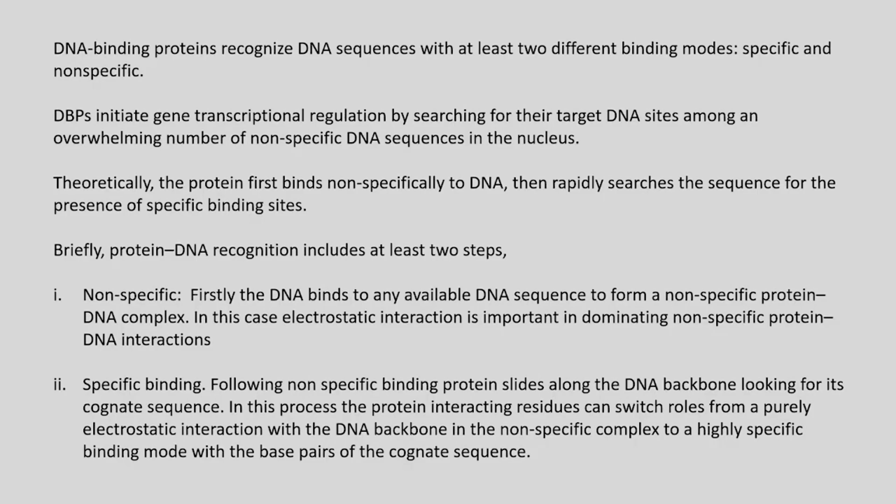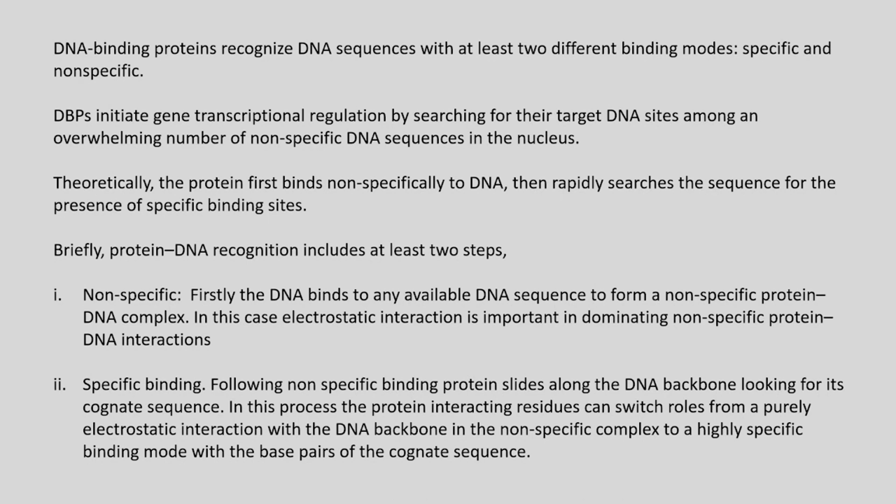Let us now discuss how the proteins recognize DNA sequences and bind to them. The DNA binding proteins recognize DNA sequence with at least 2 different binding modes, specific and non-specific modes. DNA binding proteins initiate gene transcriptional regulation by searching for their target DNA sites among an overwhelming number of non-specific DNA sequences in the nucleus.